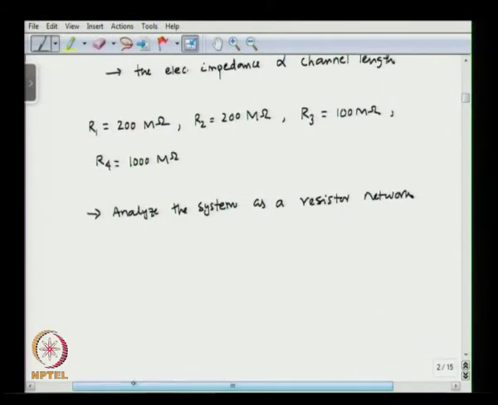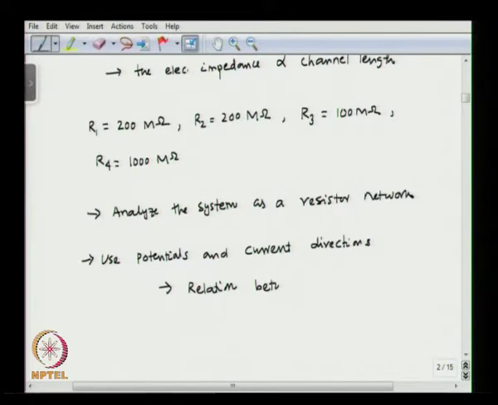We use potentials and current directions, so using that we can establish the relation between the 4 currents, and we can do that using Kirchhoff's law.